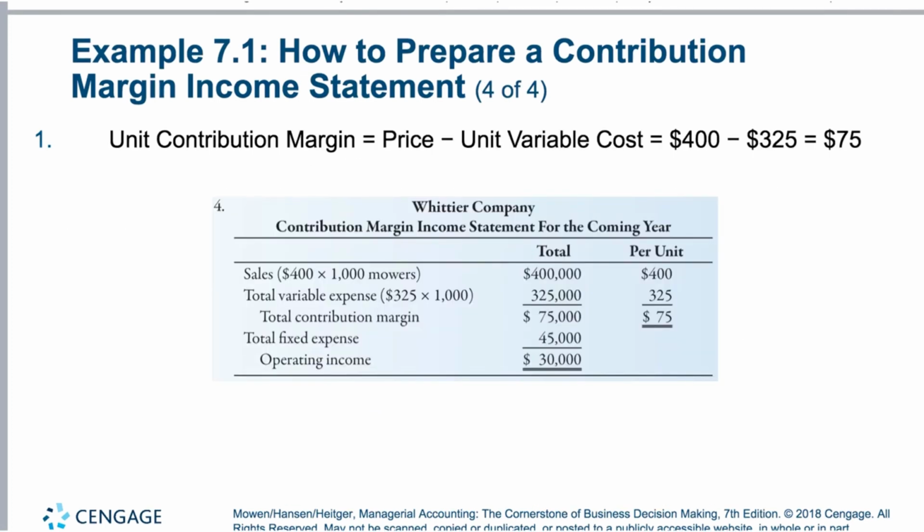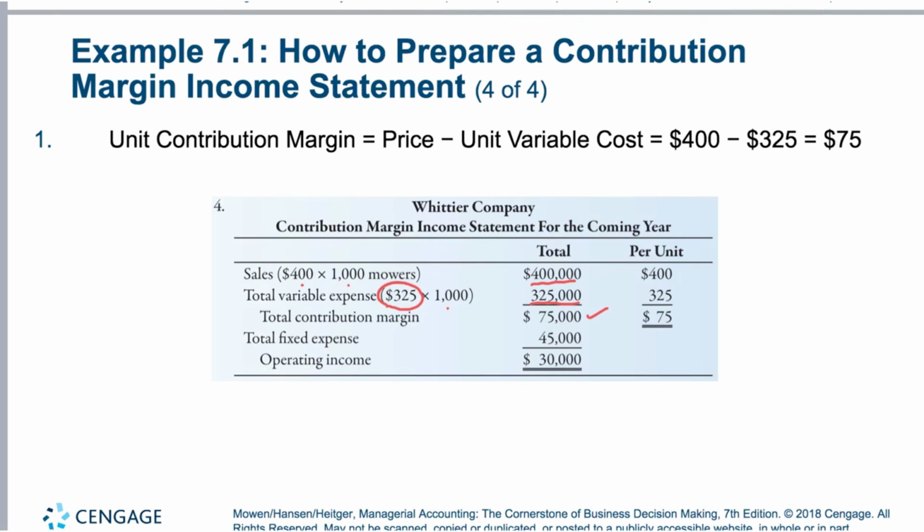And so here is our contribution income statement, right? We've got $400,000 in revenue, which is $400 in sales times 1,000 mowers. Our variable expenses were $325 per mower. We also had 1,000 mowers, so that gives us $325,000 in variable expenses, giving us a total contribution margin of $75,000.